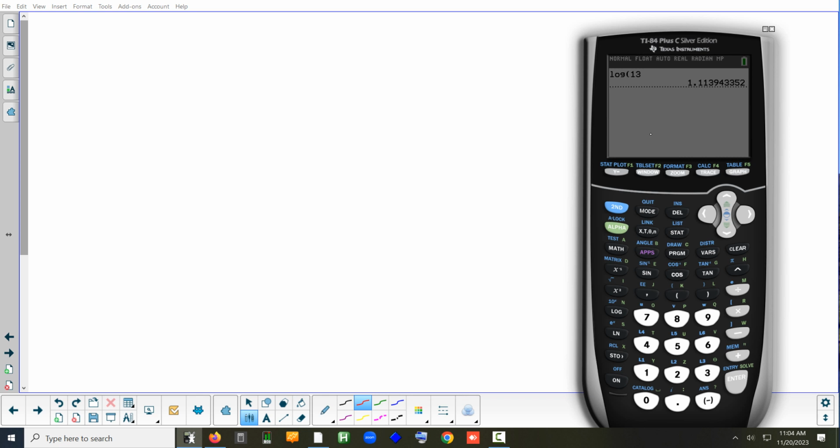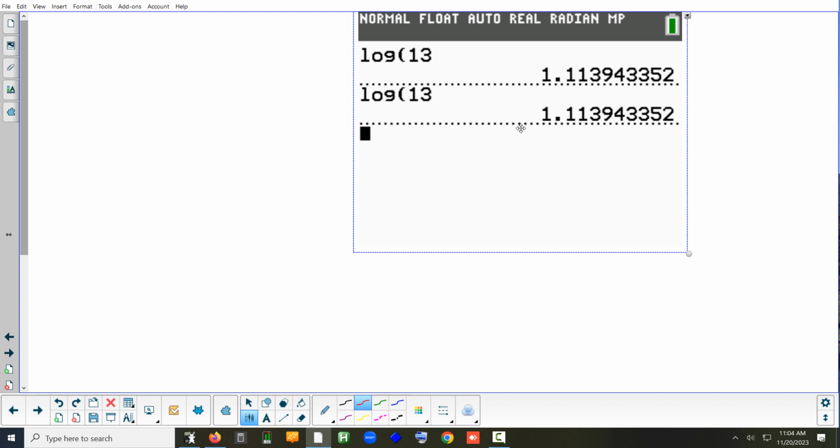The first thing to make sure you understand about logarithms is that logarithms are exponents. Whenever you press the word log and hit enter, the answer that you get is an exponent. But an exponent on what? On the base. What did we say the base of this log is? 10.